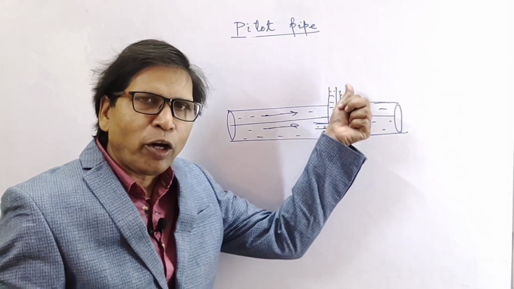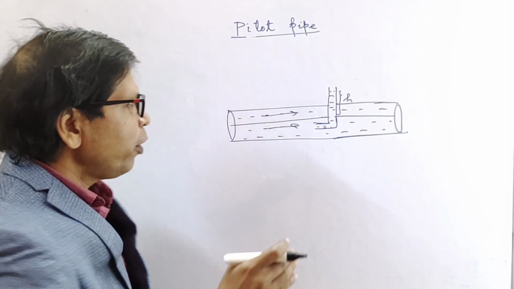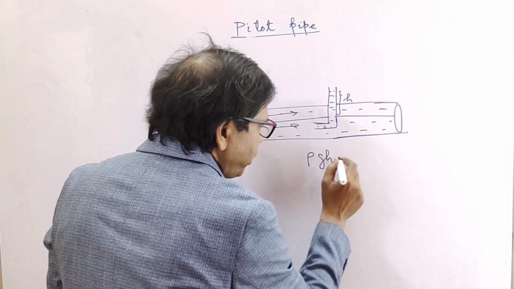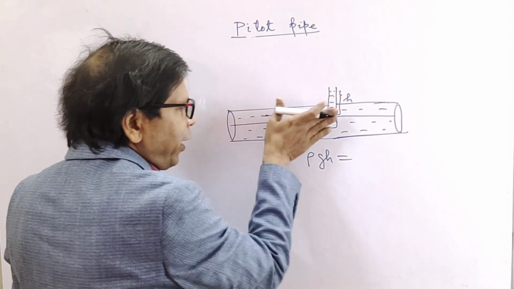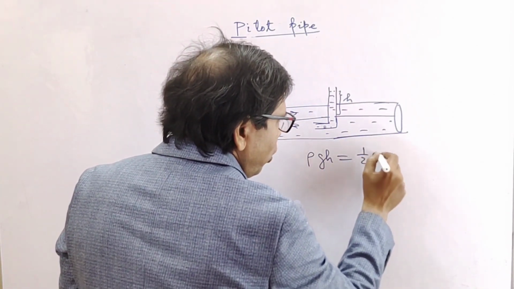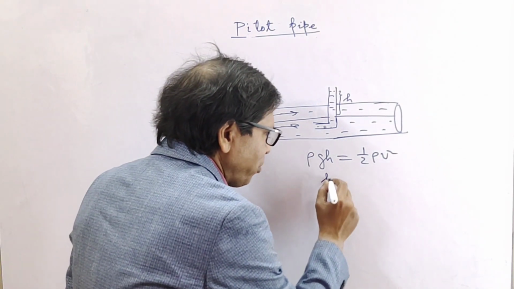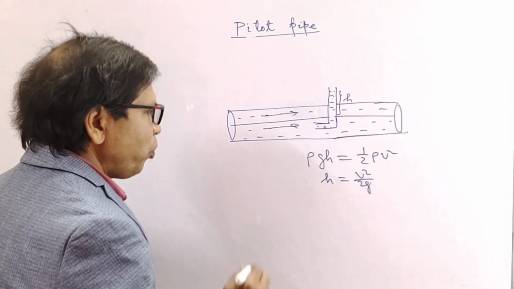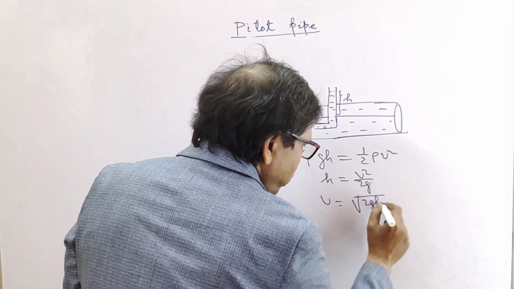If h be the height of liquid risen in the pitot pipe, then potential energy per unit volume, this is rho gh, equals the kinetic energy of the liquid flowing through this, so this is half rho v square. So here h becomes v square by 2g. Therefore v equals root under 2gh.